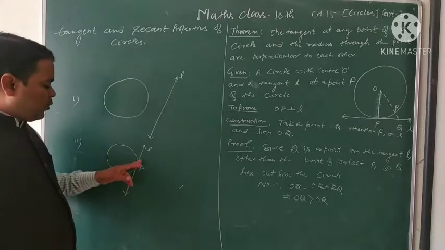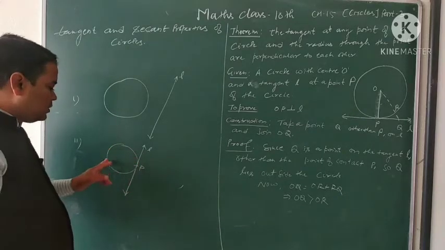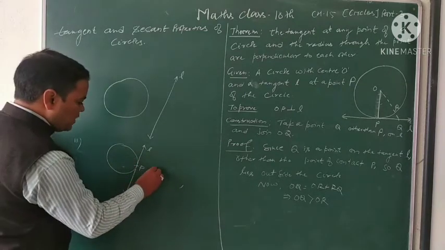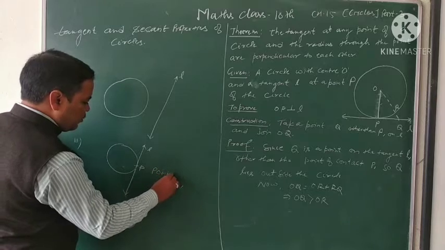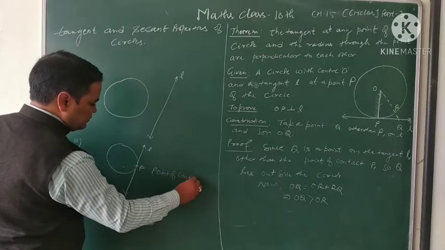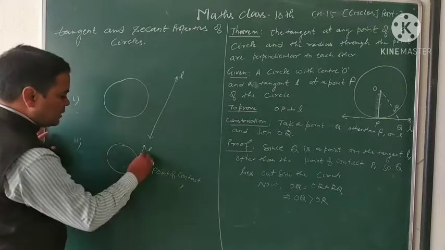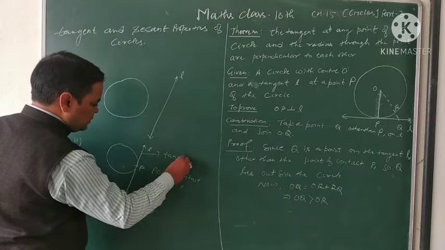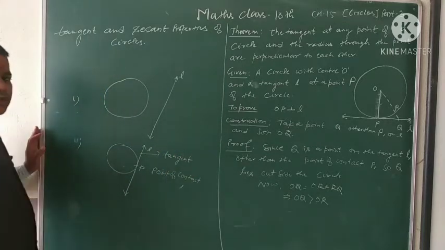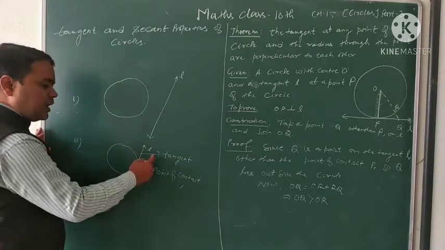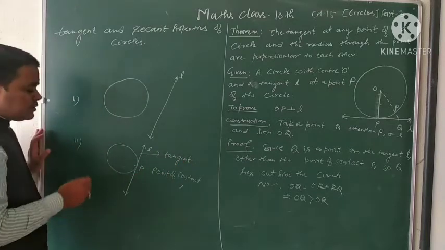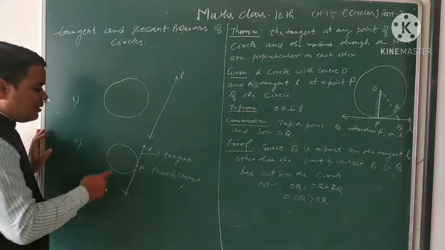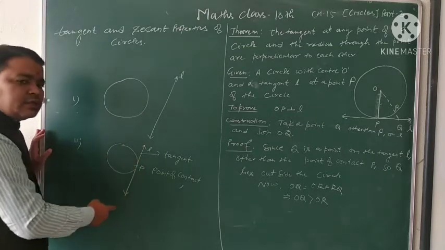Any other point except P is not common to the circle. Here P is called the point of contact, and in this case the line is called a tangent. It means if we have a line which is a tangent, then there will be exactly one point which is common to the circle as well as the line.